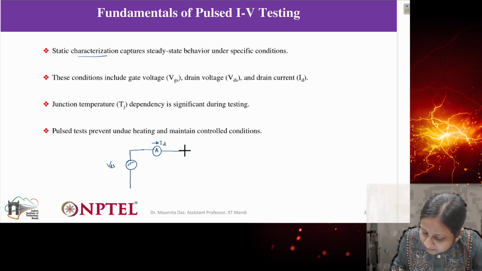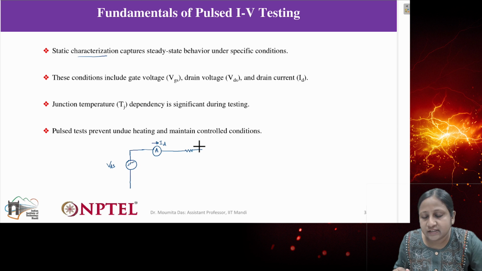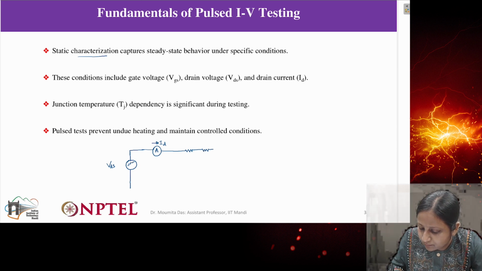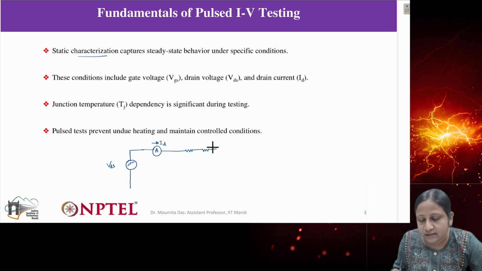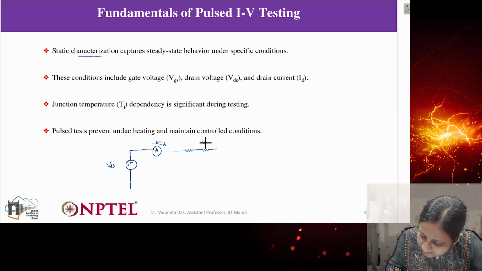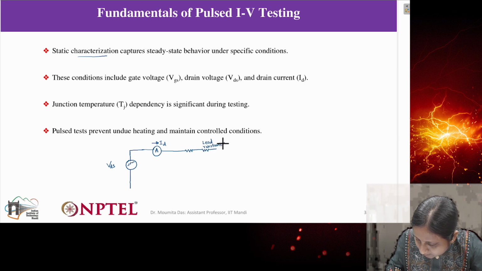ID. Then this will be connected to one shunt resistance to limit the current, and it will also have one lead resistance connected in series. This is the lead resistance of the device, and this is the shunt resistance to limit the current.